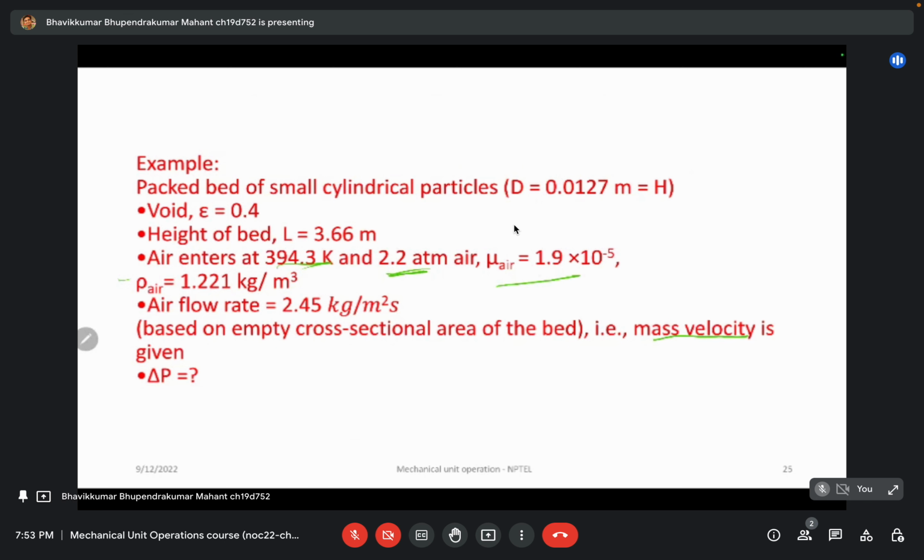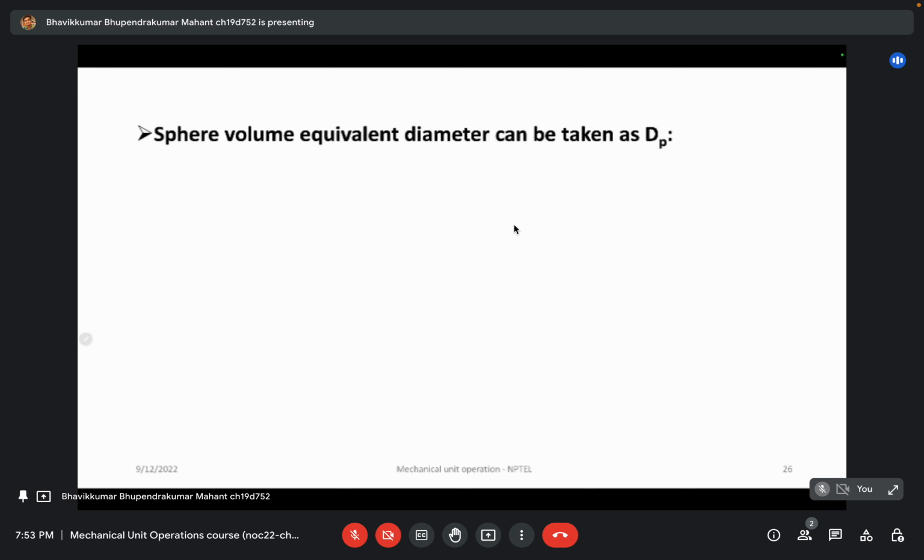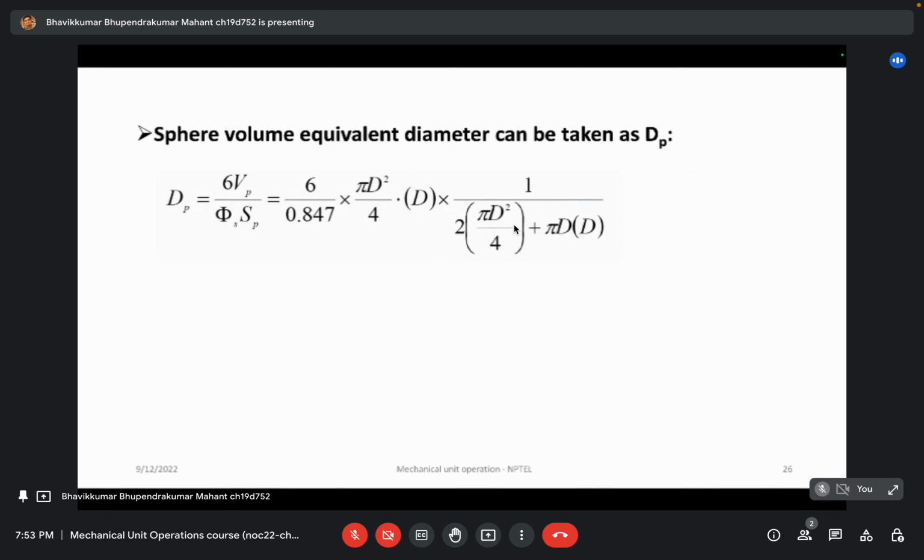Here the mass velocity is given, delta p needs to be found. Okay, so the sphere volume equivalent diameter can be taken as dp. So how to find it? Here you get this equation from phi s is equal to 6 Vp upon Sp dp. So dp is equal to, you have to substitute the value of 6 by 0.847.